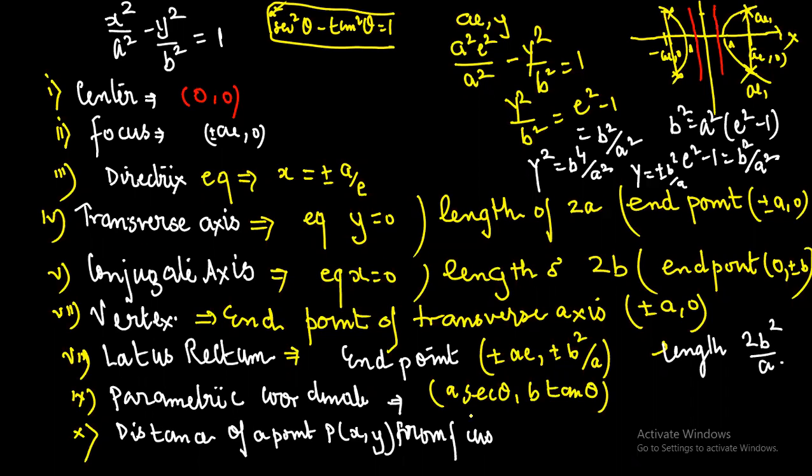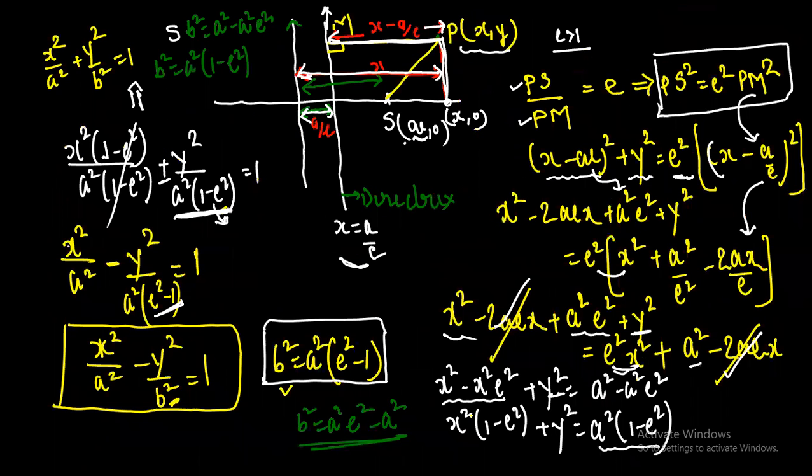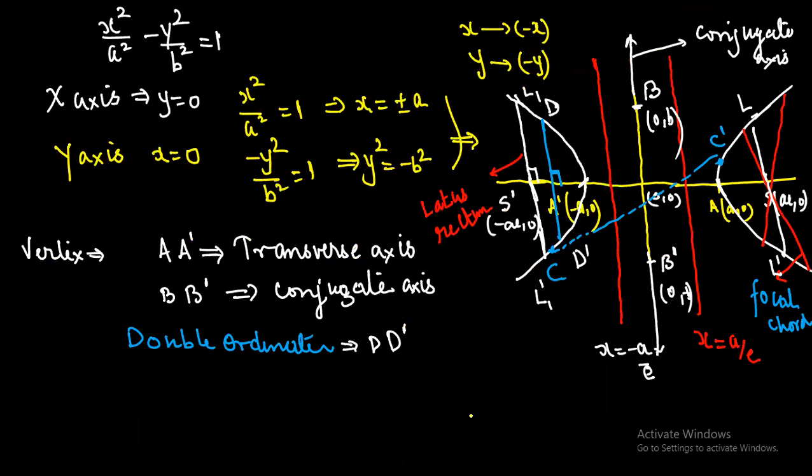Now come to the last point: the distance of a point P(x, y) from the focus is equal to e times the distance from the directrix. Let's calculate this. I am taking the central hyperbola figure, showing it again.